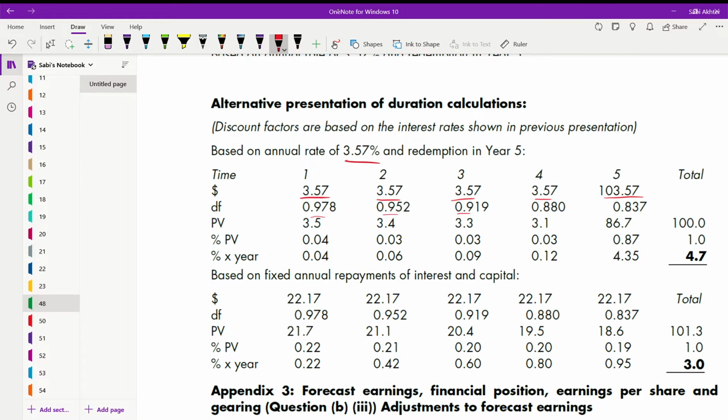Get the discount factor. Once you get it, find the present value. And present value as a percentage is this. Total present value. Once you get it, multiply it by the number of years: 1, 2, 3. Add and you will get the same. Similarly, for the next one you will get 3. Right?